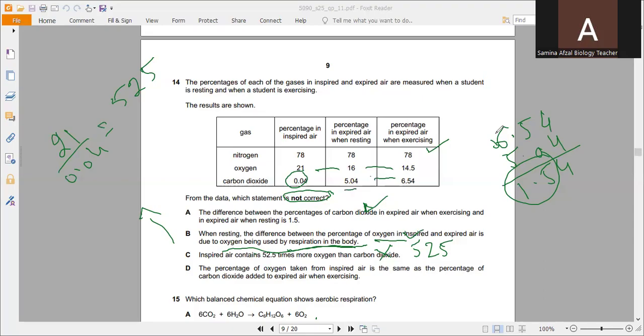So this statement is also correct. The percentage is almost the same, so the statement is correct. But it means C is not the correct option. According to the question, which statement is not correct, the C statement is not correct.